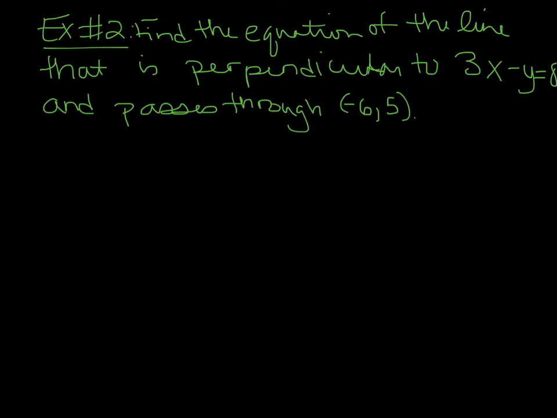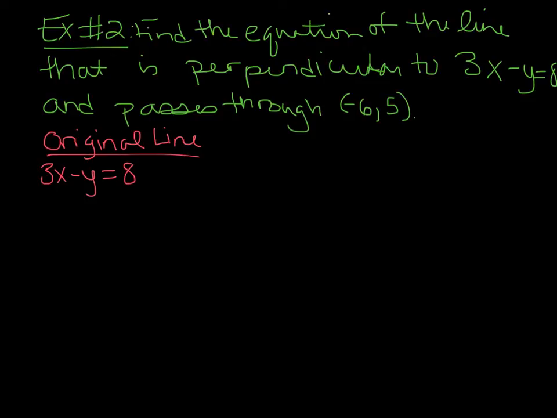So let's do an example. We would like to find the equation of the line that is perpendicular to 3x minus y equals 8 and passes through (-6, 5). So we're going to start with our original line, which is 3x minus y equals 8. We need to start by finding that line's slope.